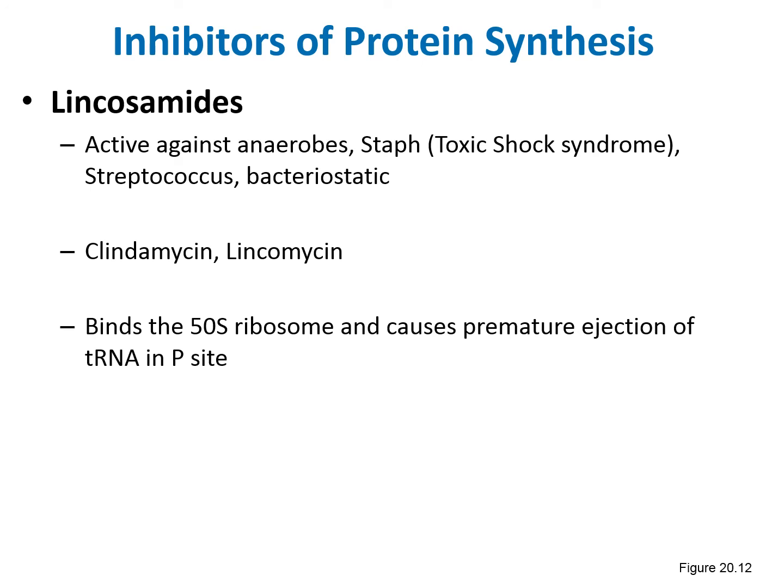Now, your lincosamides are used primarily for treating problems caused by aerobes or staphylococcus, particularly toxic shock syndrome. Sometimes they're prescribed for infections by streptococcus bacteria. And it's important to know that these drugs are bacteriostatic, just like your macrolides. Two examples of lincosamides are clindamycin and lincomycin.